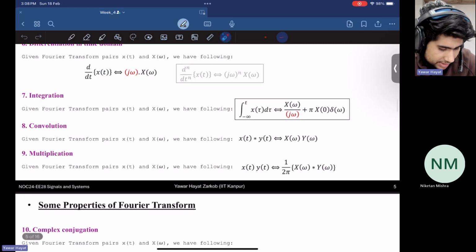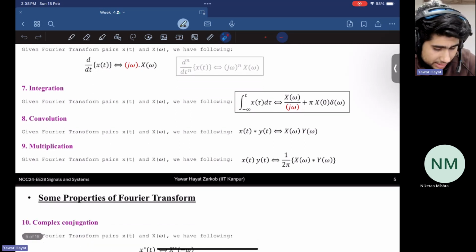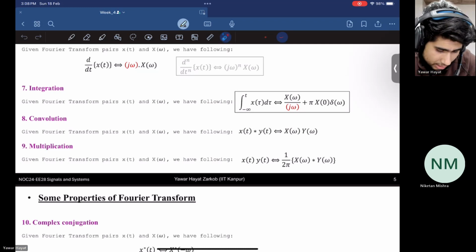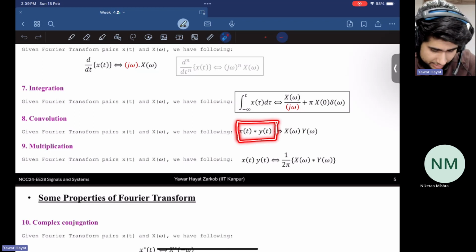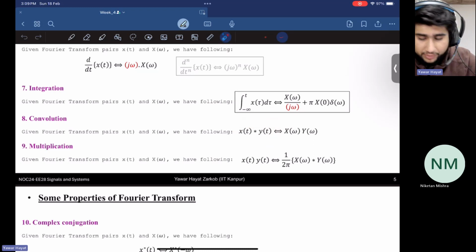Convolution is the next property, which states that if we convolve the signals in the time domain, I'm sure you are aware of this convolution operation. If not, we'll discuss the sample problems and it will be clear.